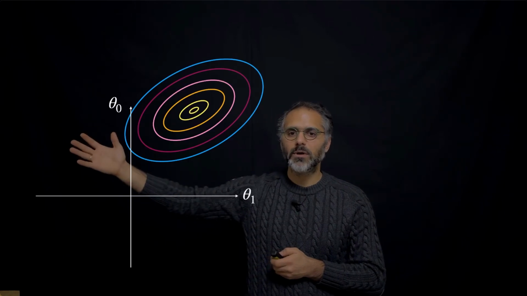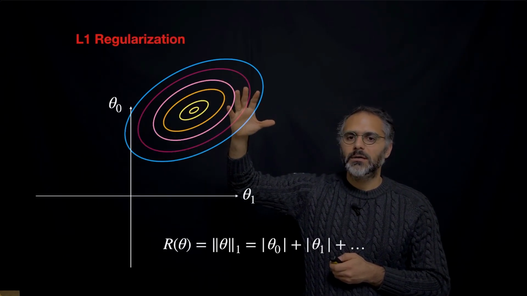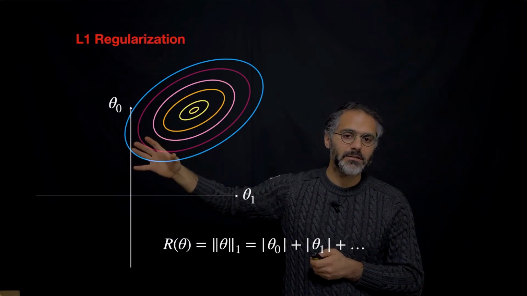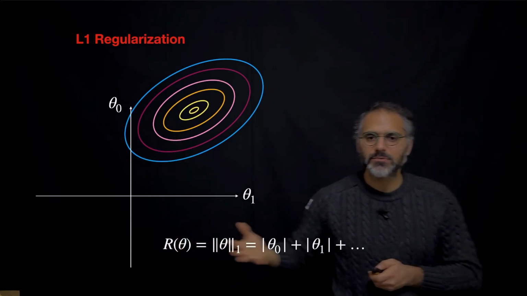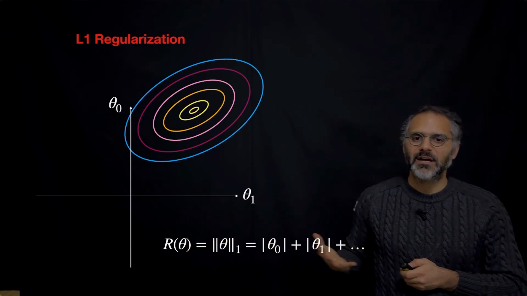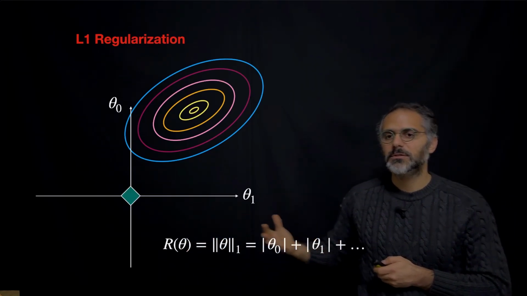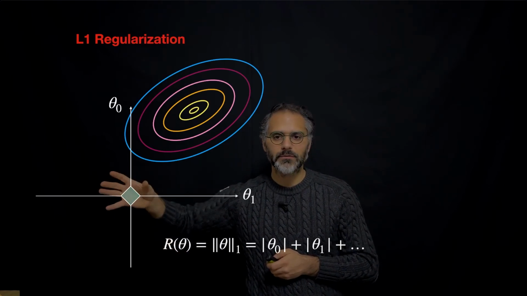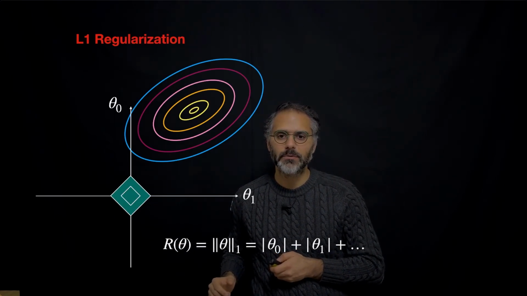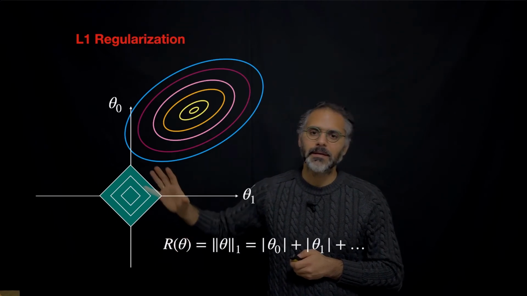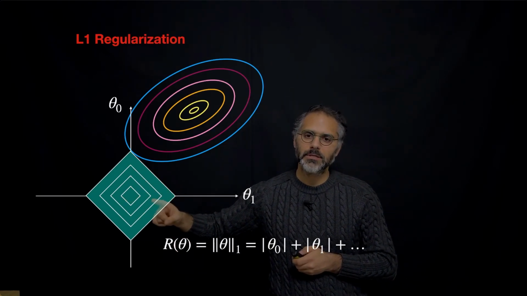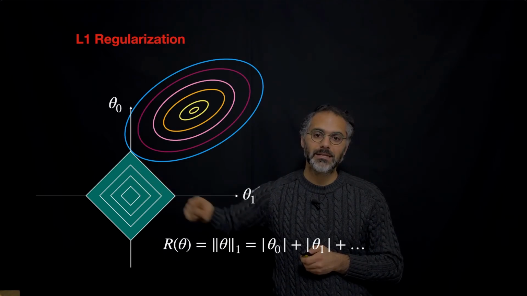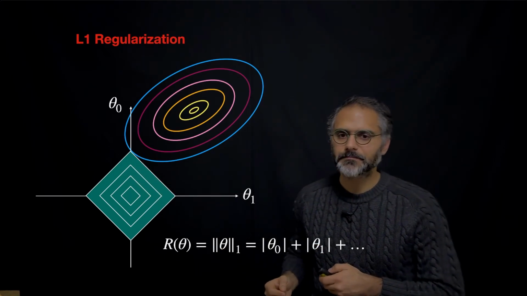And so what's the effect of the L1 norm? In the case of the L1 norm, if I have sums of absolutes, then this will look like an inverted, rotated square, or a diamond. And think about it, it's because if you take the absolute of theta 1 plus the absolute of theta 2, and that is constant, it becomes a line.